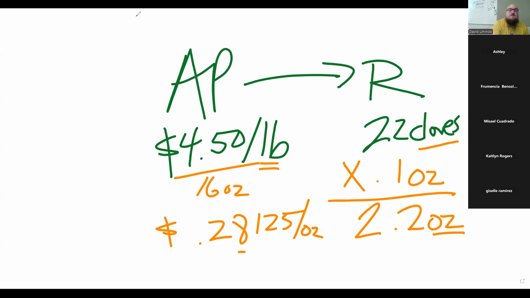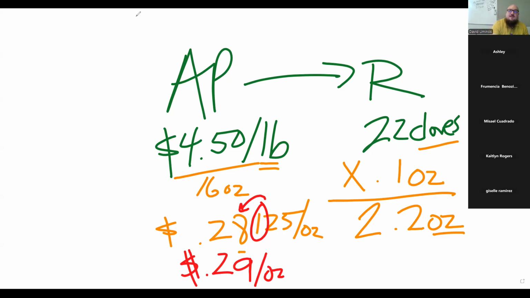So we look at that second number and round it up to 29 cents per ounce. So for the purpose of this project, anytime we get to the cost of one recipe unit, we want to be at that penny.